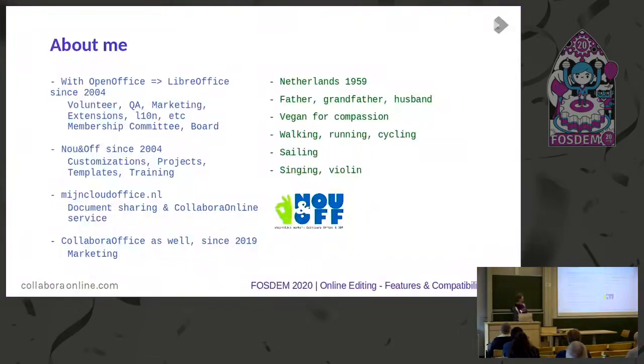About me, a lot of things. On the right is the interesting thing, my private life, which is busy. On the left, the business thing, which is interesting too, with OpenOffice, LibreOffice since 2004, all kinds of voluntary stuff, and my own company, and since 2019, last year, part-time, helping Collabora with marketing.